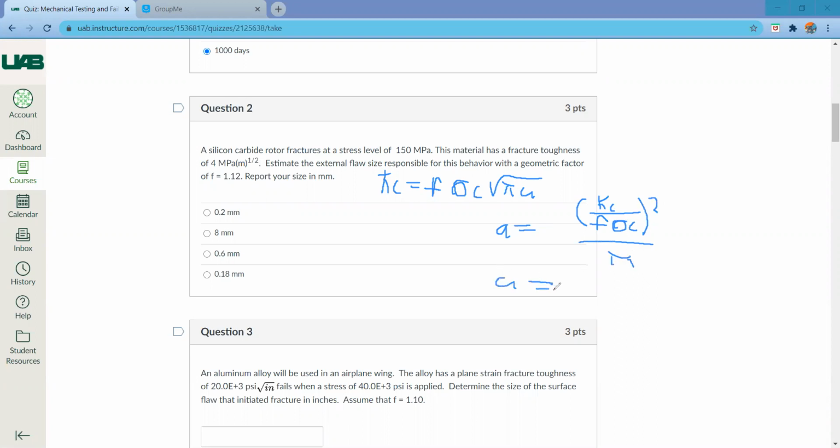So using this formula, a is going to equal 4 divided by 150 times 1.12, all that squared, divided by pi. And this is going to give you your answer in meters. Don't forget, you still have to convert to millimeters.